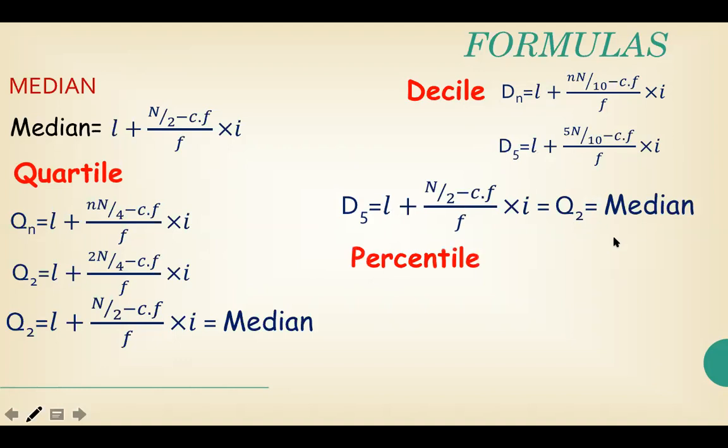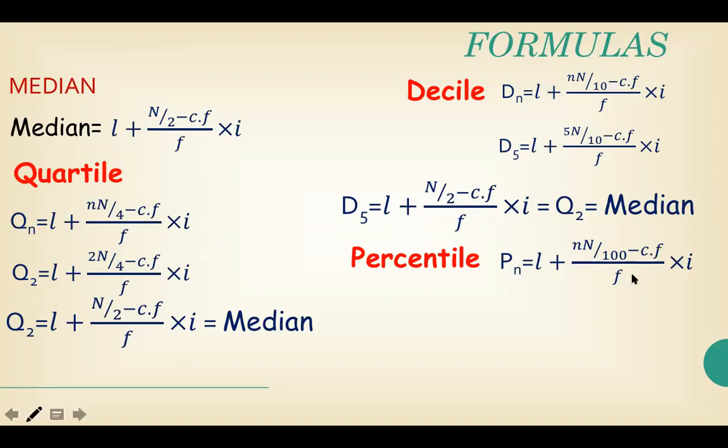Now the percentile. I have already told you that there are 99 points in the data set which divide the data set into 100 equal parts. That is known as the percentile. There is a general formula to calculate the percentile, and here the value of n is from 1 to 99, because we have 99 percentiles in a data set.